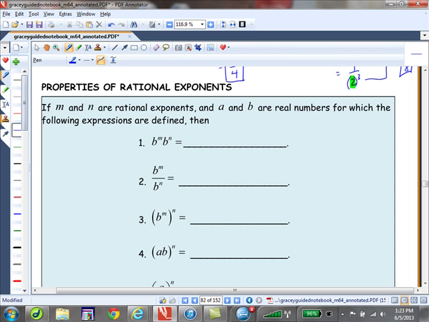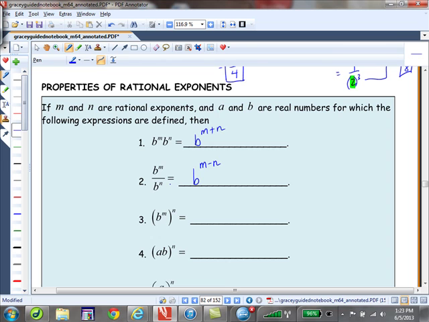So m is a fraction and n is a fraction. If you have this case, it turns out all the rules are the same. If you have the same base and you're multiplying, you add the exponents. Same deal, except you're going to be adding fractions. Same base and you're dividing, subtract the exponents.